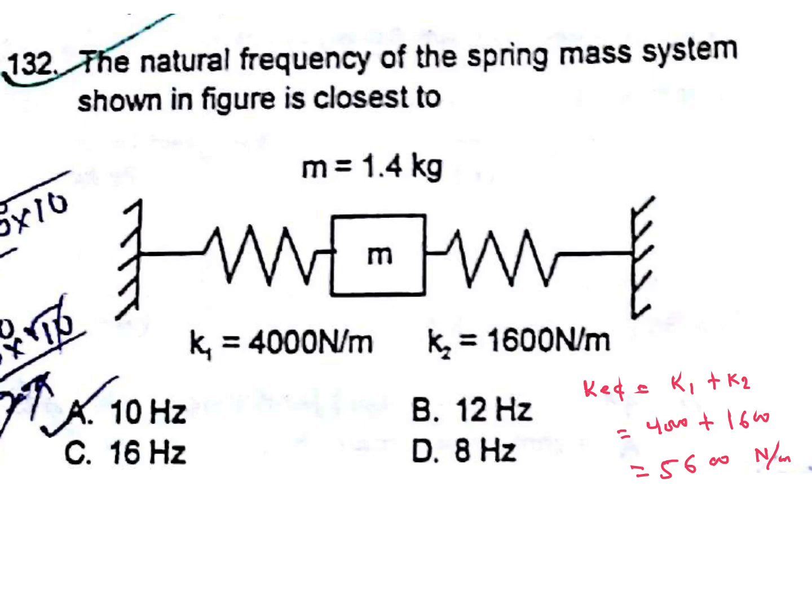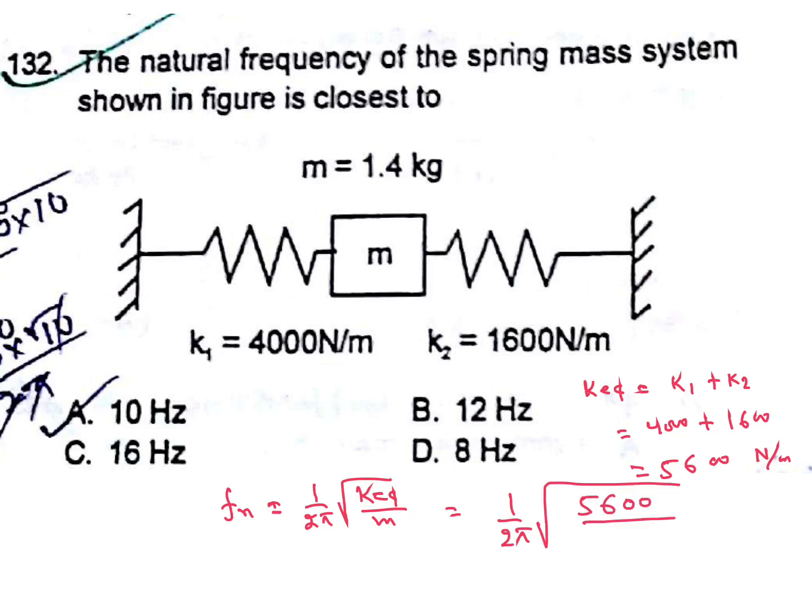Then we have to calculate, here also hertz is the unit, so Fn, the natural frequency, equals 1 by 2 pi root of K equivalent by m. So 1 by 2 pi root of 5600 divided by mass, which is 1.4, or you can write it as 14 by 10, 14 into 400 into 10.